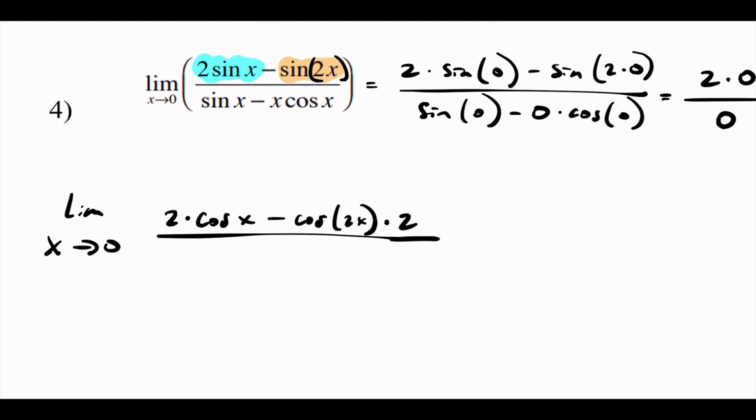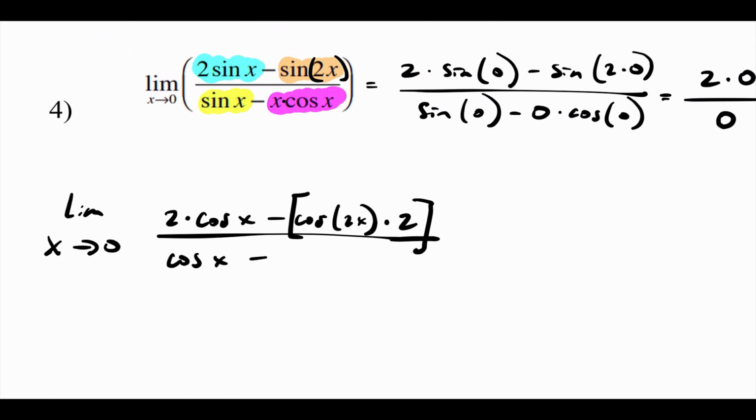Okay. Now the bottom, I have just regular sine of x and x times cosine of x. So the derivative of the yellow is just regular sine of x. So that's going to be cosine of x minus. Now it's x times cosine of x.